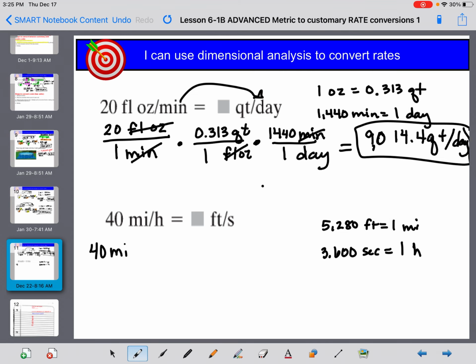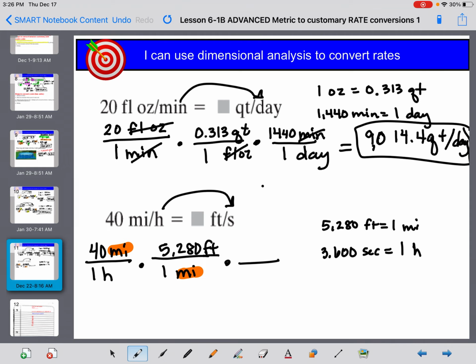And the last one for today's lesson, 40 miles over 1 hour. Multiply that by 1 mile, 5,280 feet. Being careful to place it so that miles are 1 in the numerator, 1 in the denominator. Then I need to convert hours to seconds. Again, careful so that 1 is in the numerator and 1 is in the denominator. I put hours in the numerator and 3,600 seconds in the denominator.